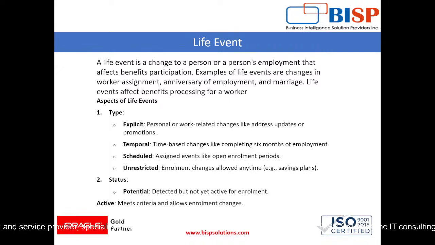For example, you can have savings plans, right? That can happen anytime. Then there are your statuses, potential and active. Potential is detected but not yet active for enrollment, and this becomes your potential status for the life event.